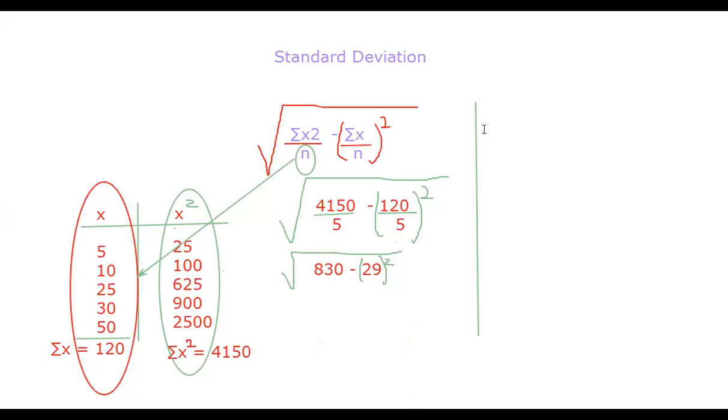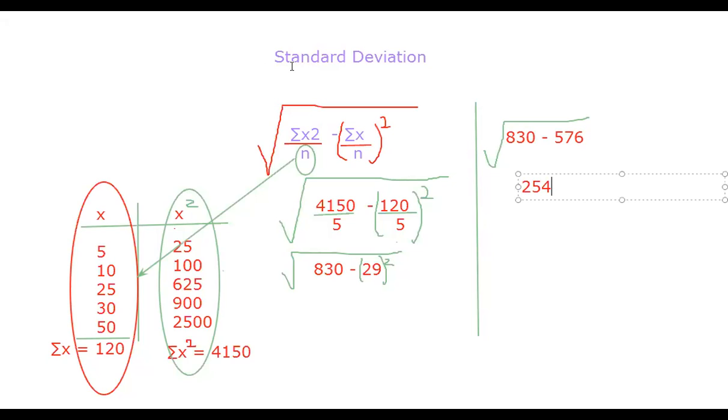So 830 minus 29 square, that is 576, again under the square root. What is 830 minus 576? That is 254.